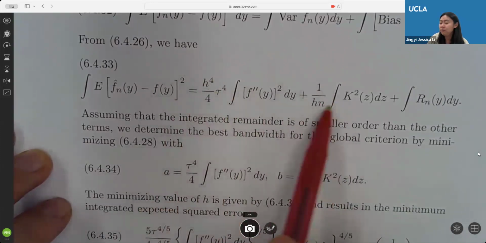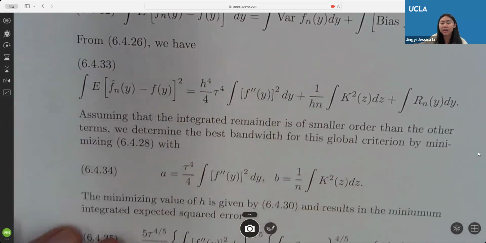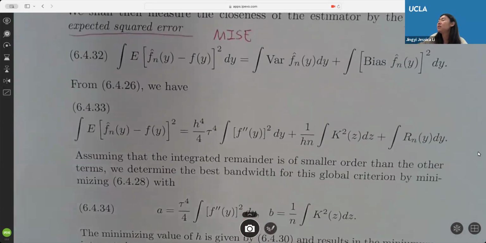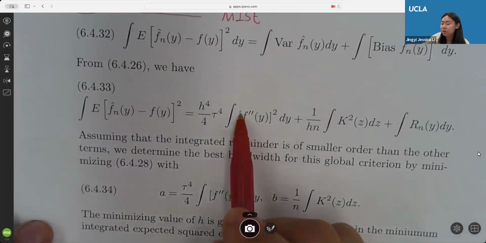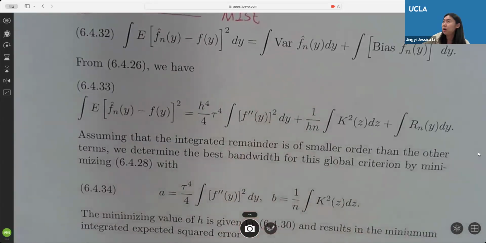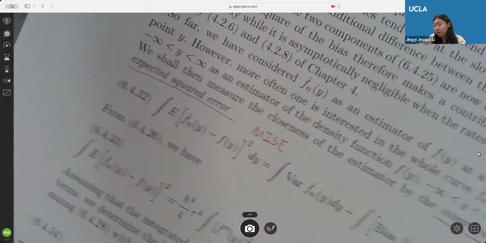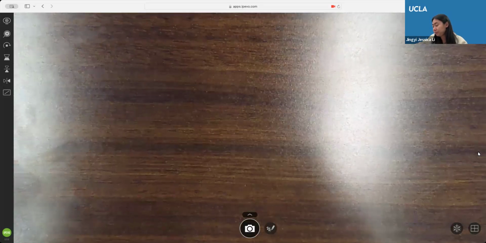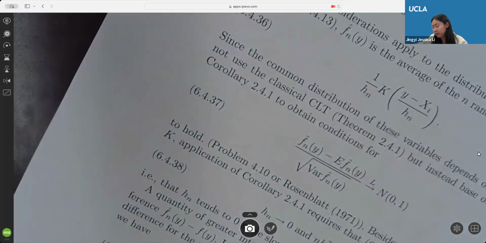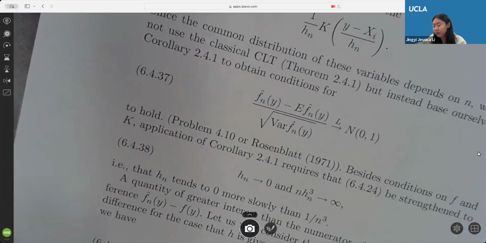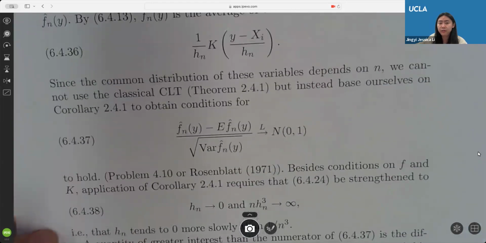If you still want to minimize the MISE in terms of h, you get the same order of h depending on n. It's just that the constant is now different. The constant is now an integration instead of just f double prime at a particular y. That's it. So we have that order for the mean squared error and the mean integrated squared error.